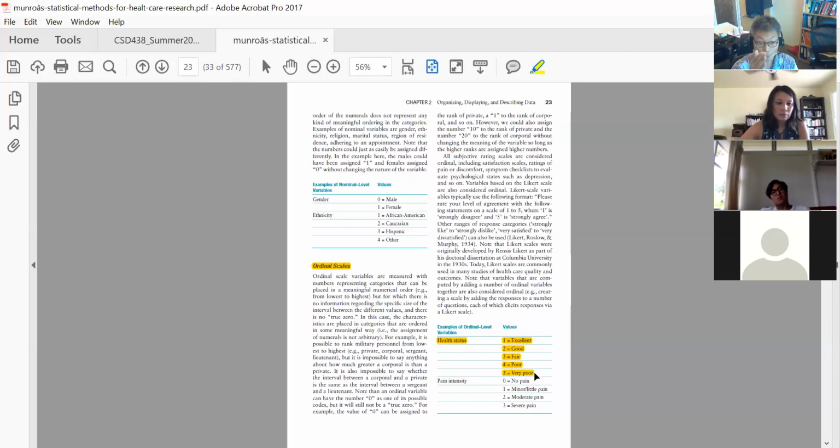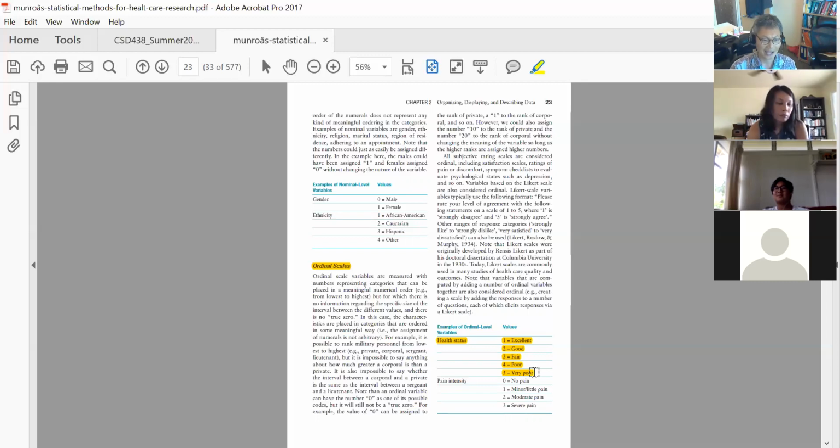I know what you're trying to say: maybe my condition is between excellent and good, but it's hard to measure in that way. So when we set up a Likert scale, you have to choose out of 1 to 5, right? Pain intensity as well, there's a 0 to 3. So those are ordinal scales we can have.